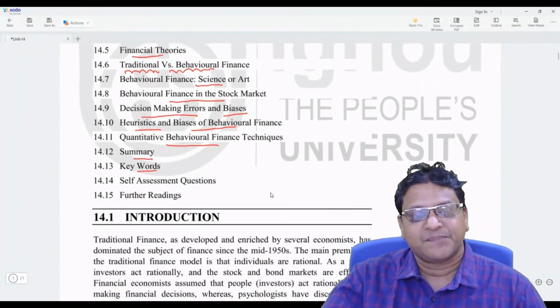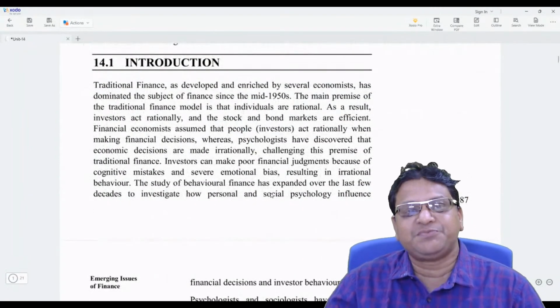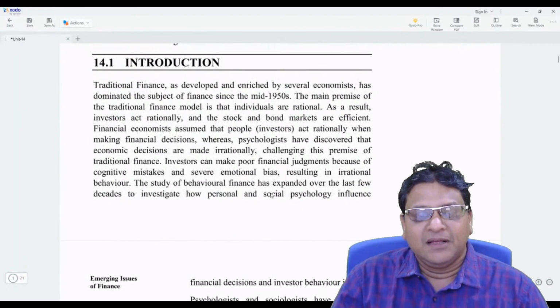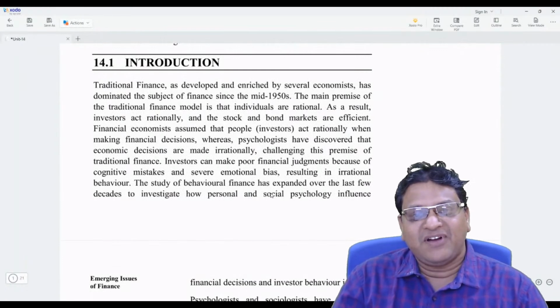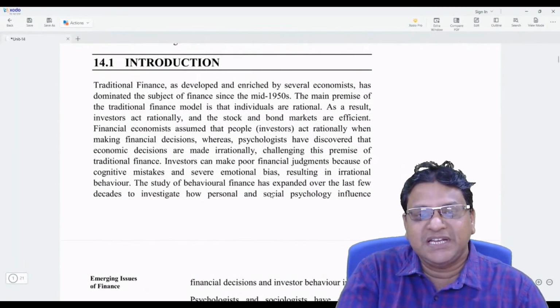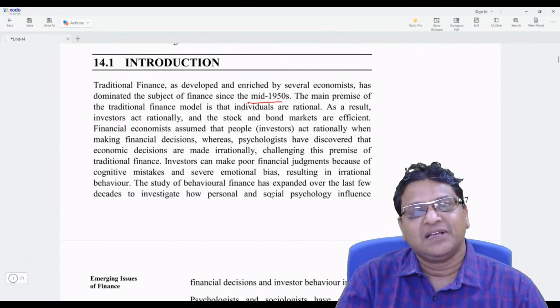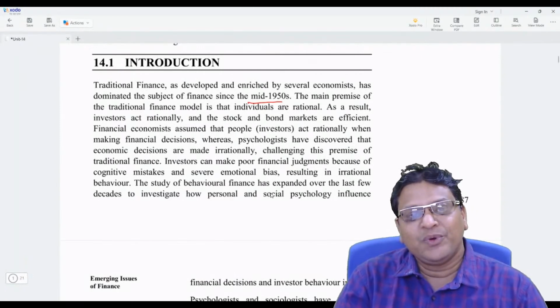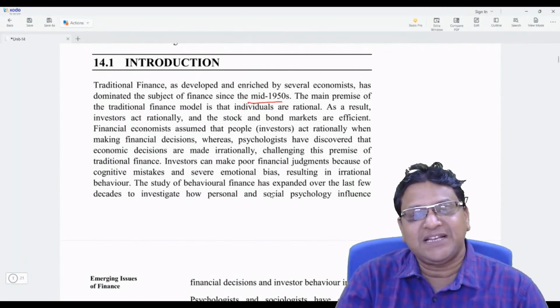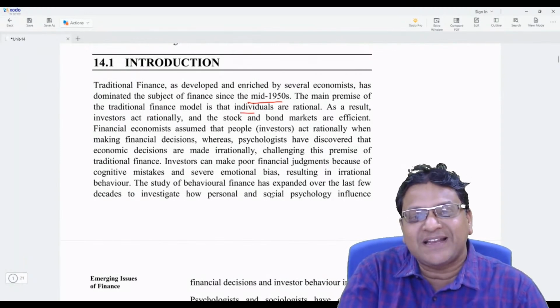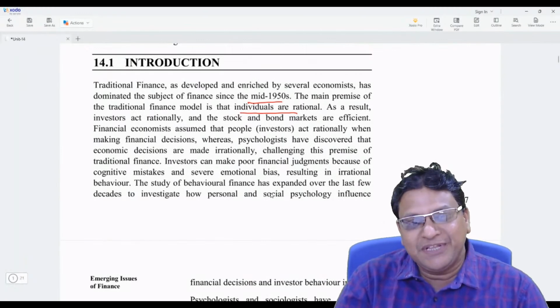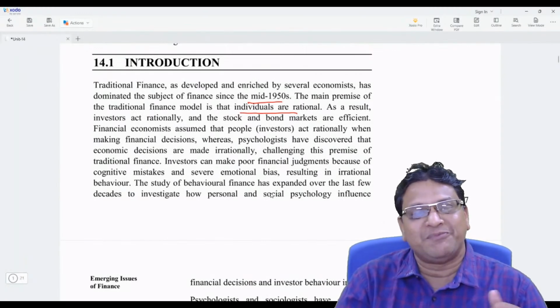Next, what is behavioral finance? Traditionally, finance has been developed since mid-50s. In that context, we know the traditional financial models assume that the individuals are rational. The individuals are rational human beings.